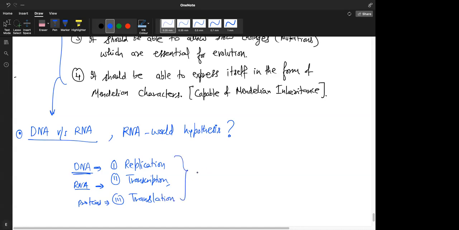Okay, this together is basically the central dogma, which you have to read. This is given in NCERT, so please go through it before you come to the next class. In the next class, I will finish DNA versus RNA and the RNA World Hypothesis.